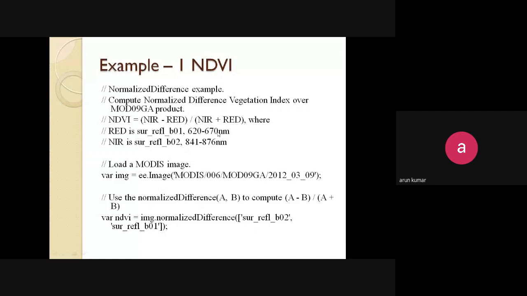We know the operating wavelengths of these bands: one is 620 to 670 nanometers, another one is 841 to 876 nanometers.